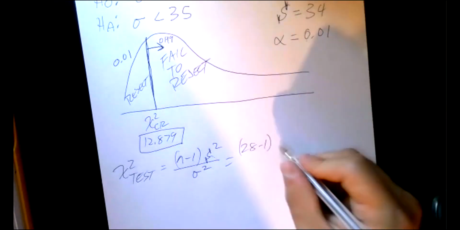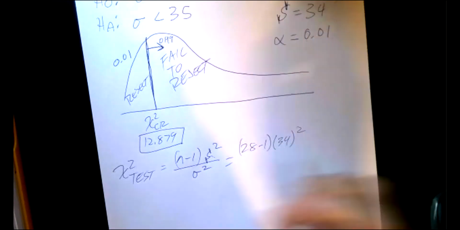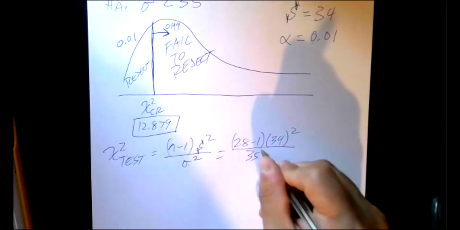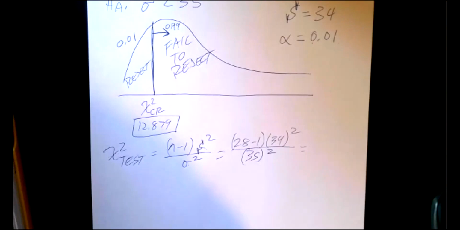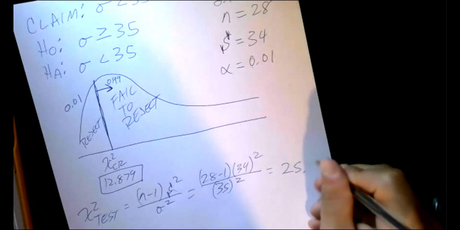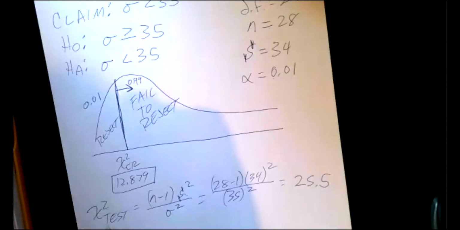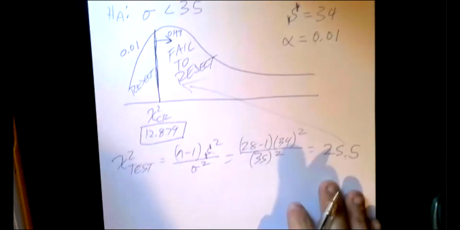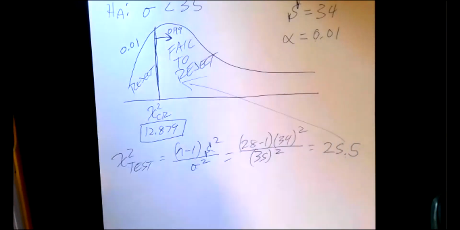Sample standard deviation is 34. We assume the population standard deviation is 35. The chi-squared test statistic is 25.5, which is definitely greater than the critical value. Therefore, we fail to reject.